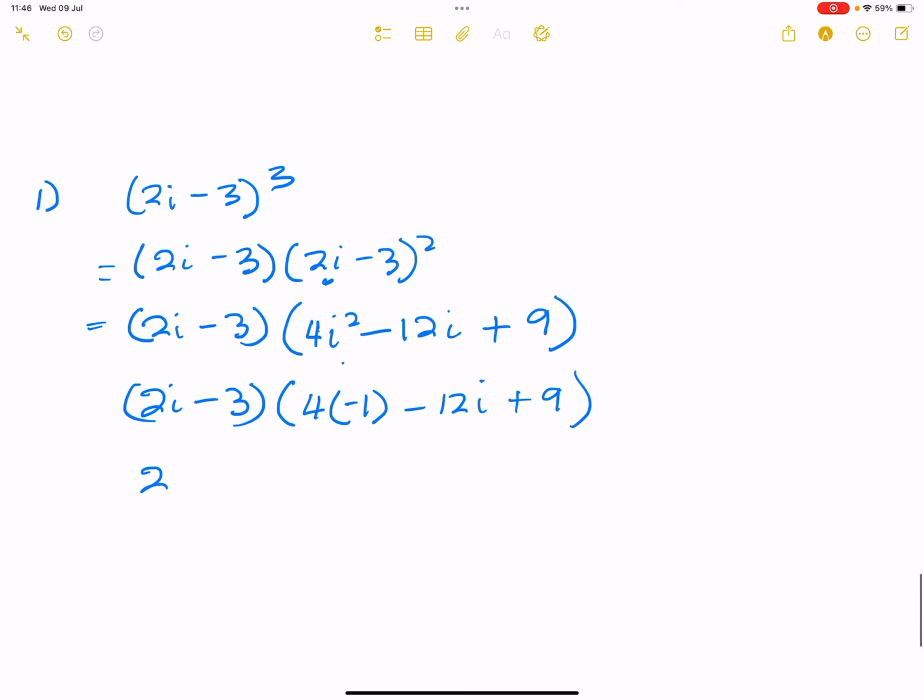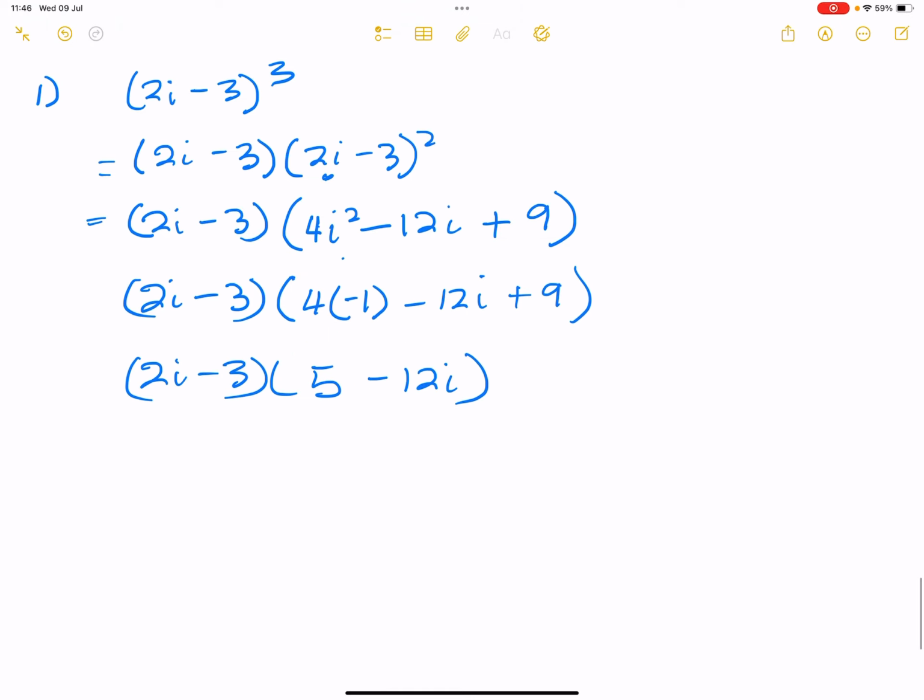So you've got (2i minus 3) into (5 minus 12i). That's negative 4 plus 9, which gives us positive 5. So nothing left to it. What we are meant to do is represent this as a complex number.